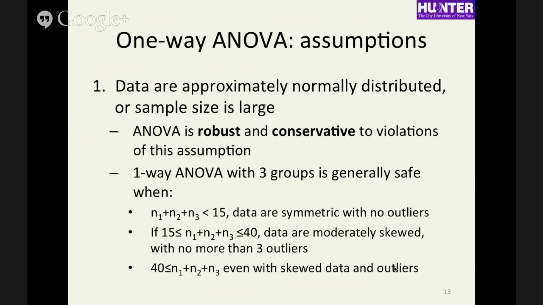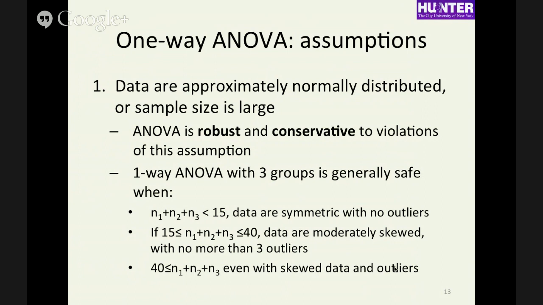There are so-called non-parametric alternatives to one-way analysis of variance if the distributional assumptions, so the assumption of normality, is not met. But I wouldn't resort to them unless you look at your residuals plot and decide based on this that you have a small sample size and some really obvious departure from normality.